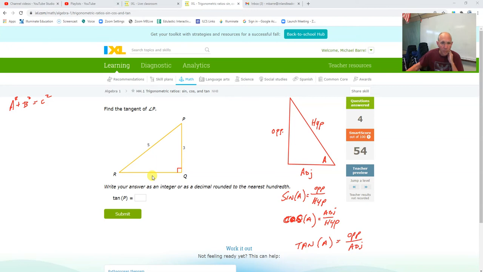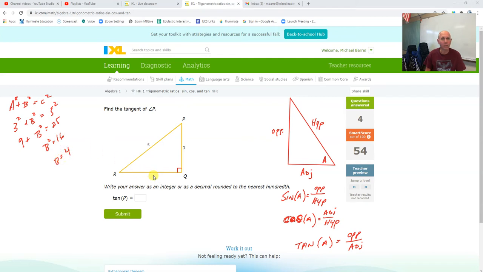I don't want to write on this because then I'm going to lose all my notes, but okay, we'll give it a shot. So 3 squared plus b squared equals 5 squared. 9 plus b squared equals 25, right? B squared equals 16, b equals 4.